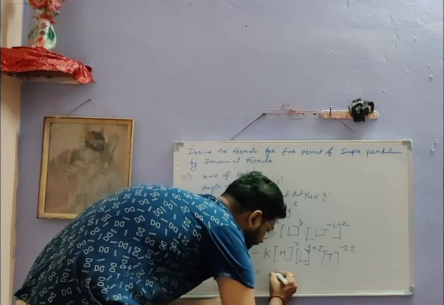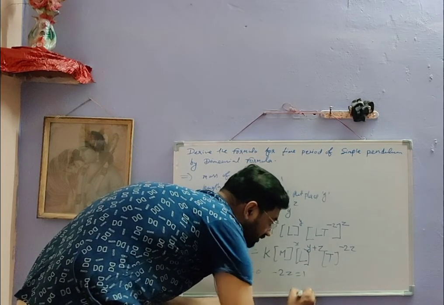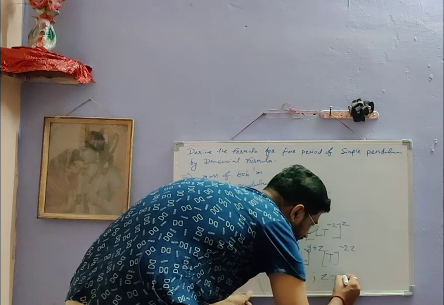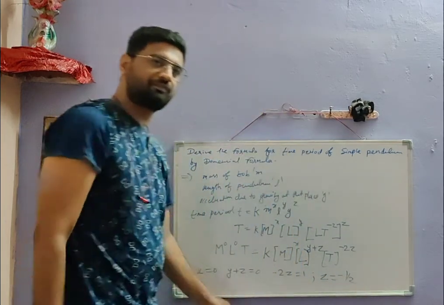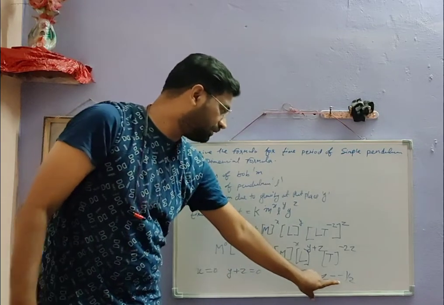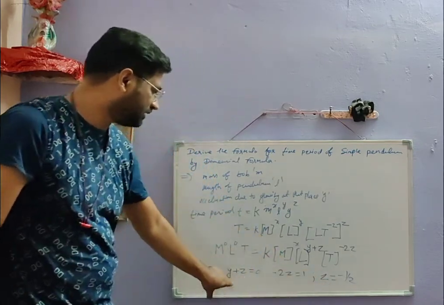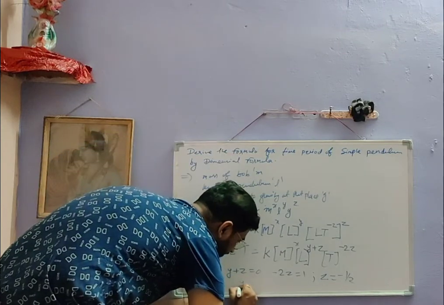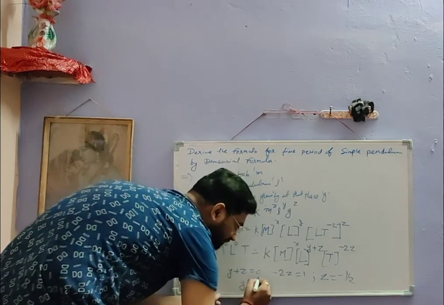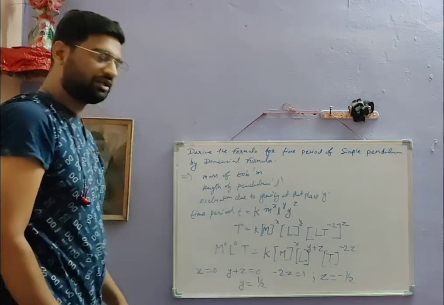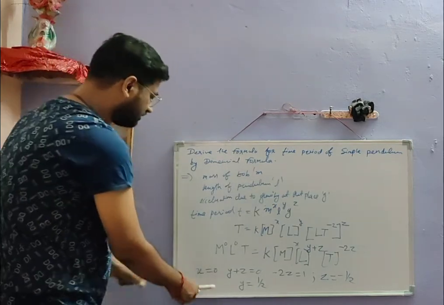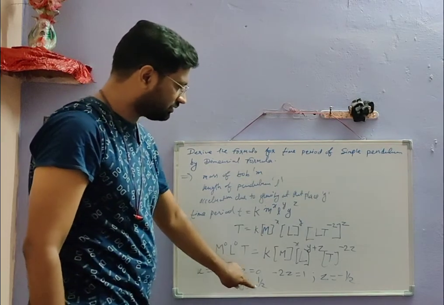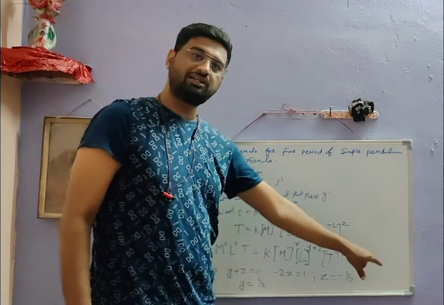So minus 2z is equal to 1. Overall z is equal to minus 1 by 2. Okay, so after putting the value of z in this equation, we are going to get y is equal to 1 by 2. So finally we know all three values: x is equal to 0, y is equal to 1 by 2, and z is equal to minus 1 by 2.